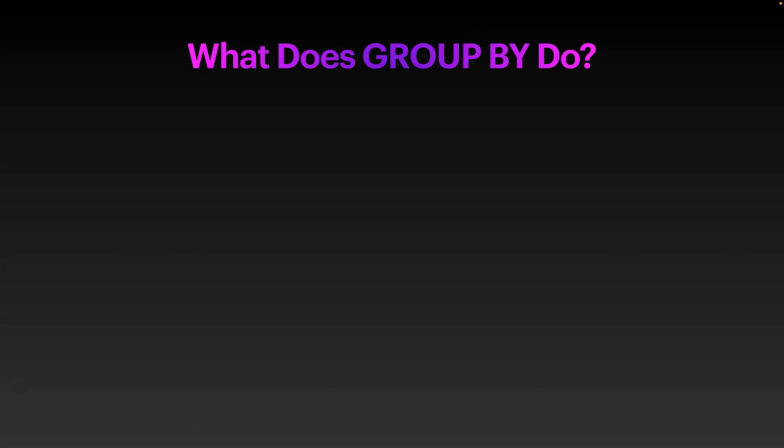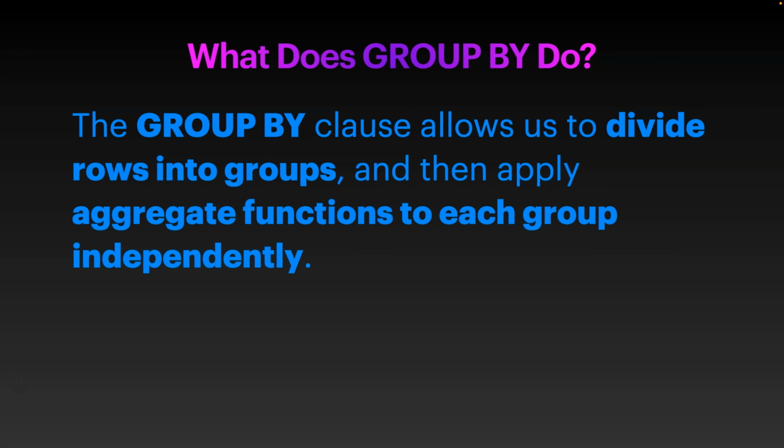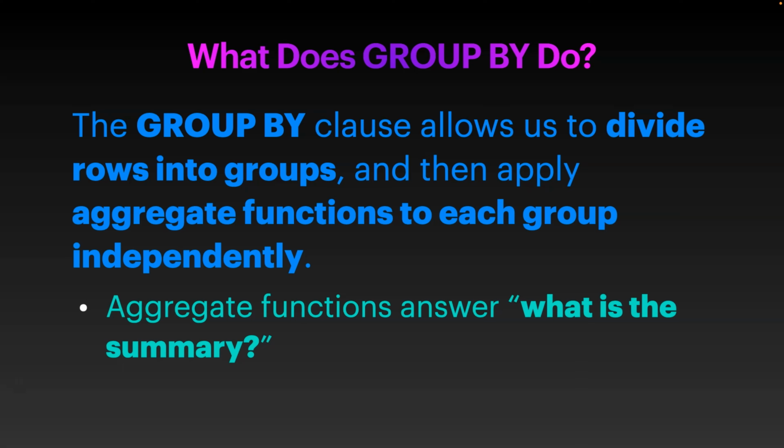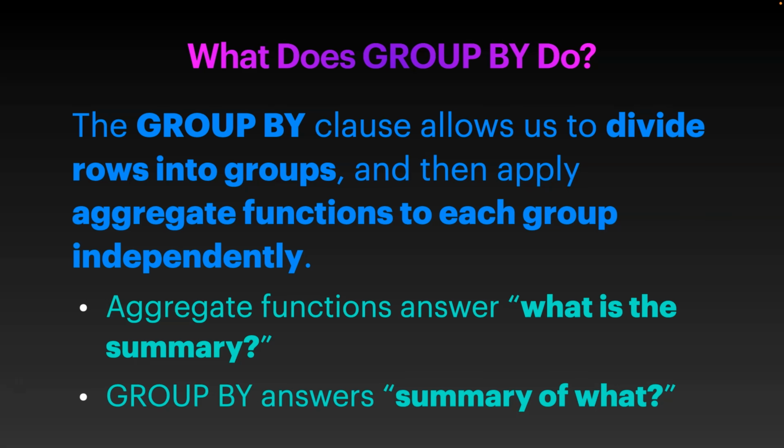So what does the GROUP BY do? The GROUP BY clause allows us to divide rows into groups and then apply aggregate functions to each group independently. You see, aggregate functions answer what is the summary, and GROUP BY answers summary of what.